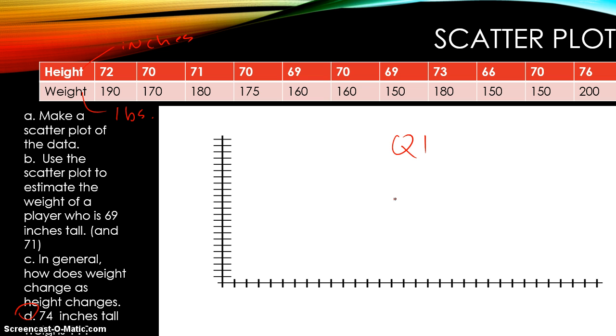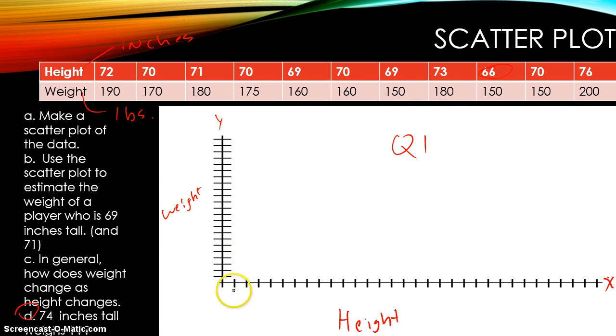The first thing you have to do is make sure that you label your x and y axis. What do they mean? For the bottom here, our x is going to be our height, and our y is going to be our weight. You have to look throughout the data and find our lowest number, which I believe is 66.